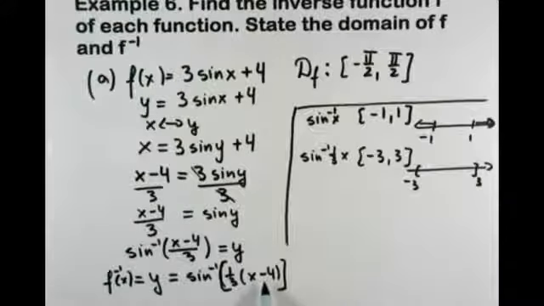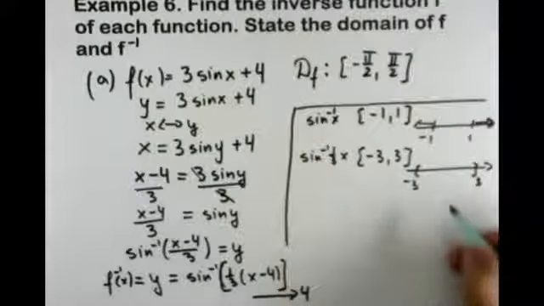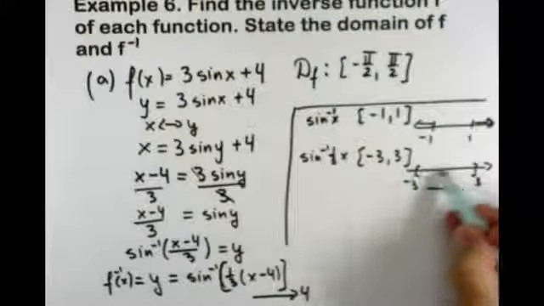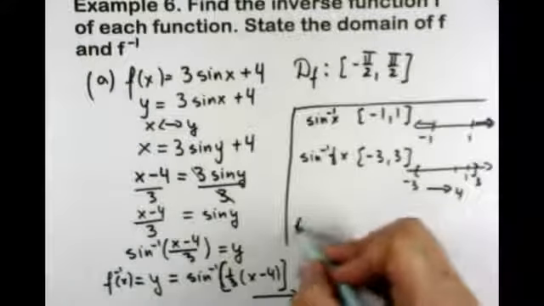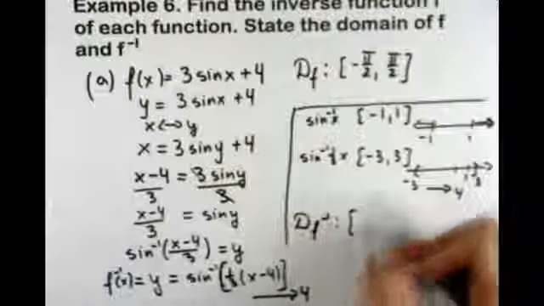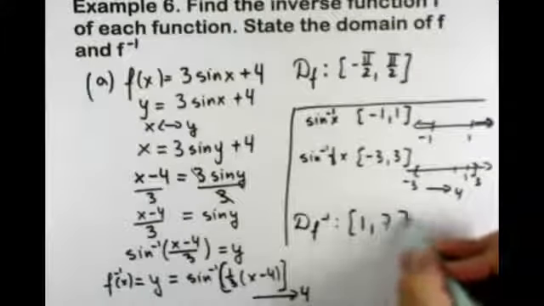And now this minus 4 means that we are moving the graph 4 units to the right. So this minus 3 goes to 1 and this 3 goes to 7. So the domain of the inverse is nothing else but from 1 to 7.